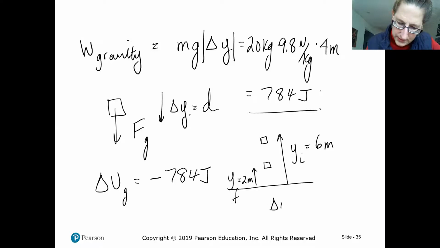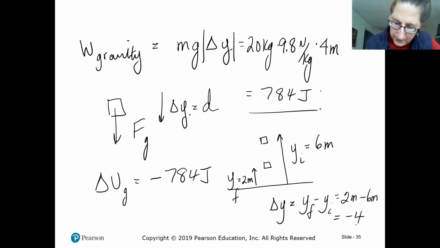Delta y is always defined to be final minus initial. That's what a delta means. And so this is a negative number. 2 minus 6 is negative 4.